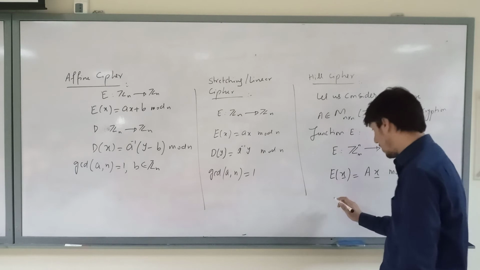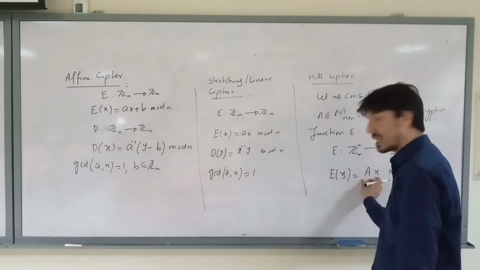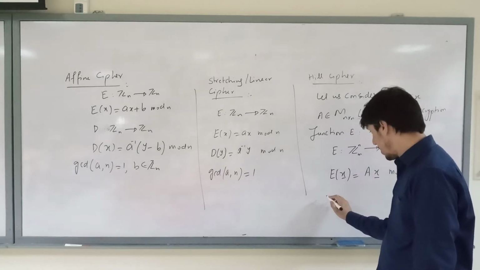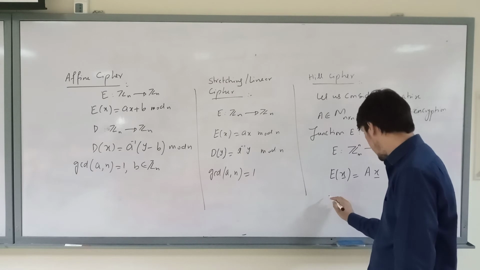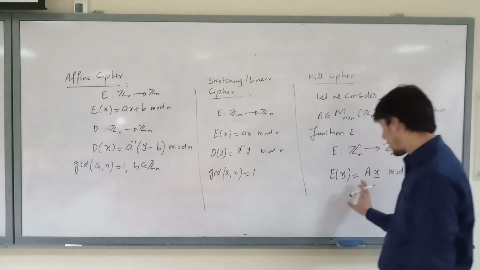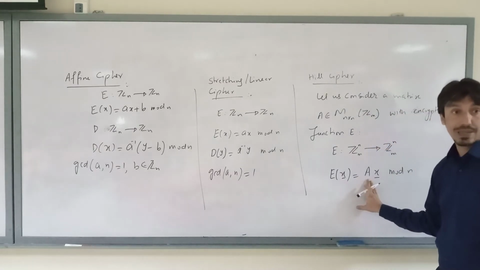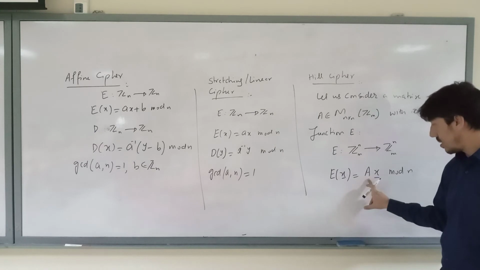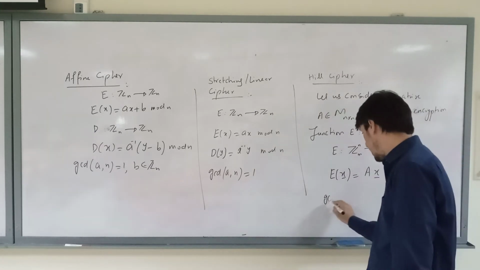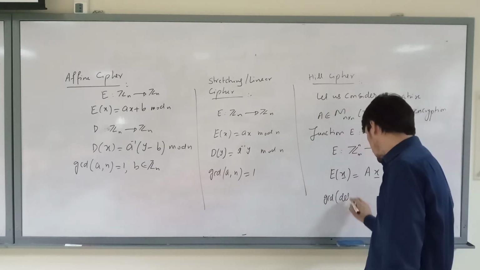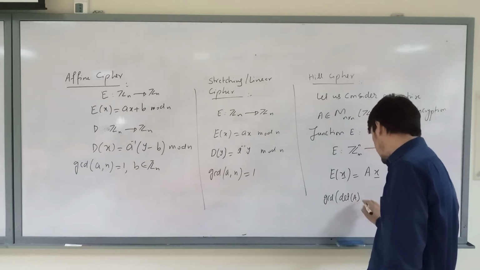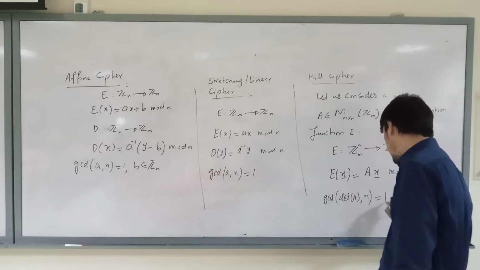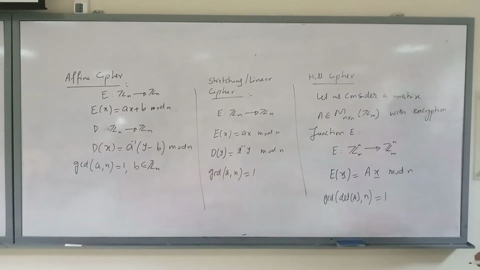The way is to take its determinant. So I am not taking any matrix; I take the matrix over here, and the GCD of its determinant with n must be 1.